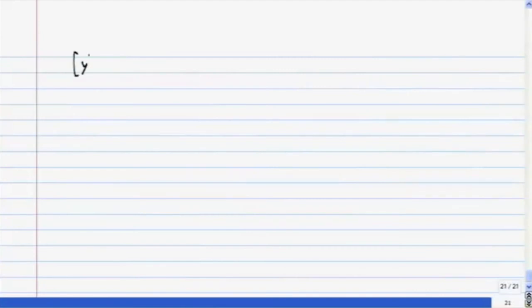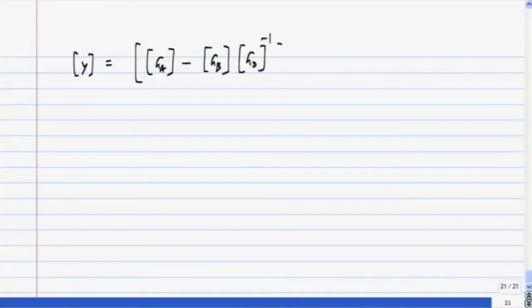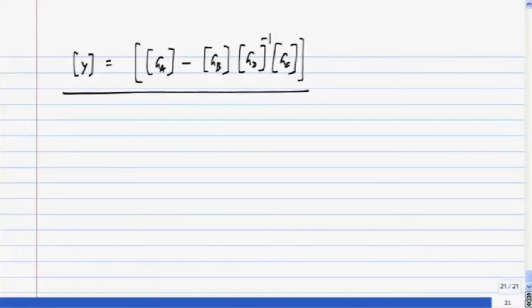The Y matrix of our two port is GA minus GB, GD inverse, GC. So first of all, we know that GC is GB transpose.